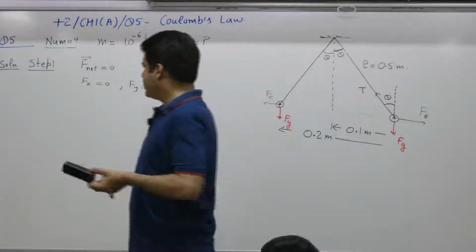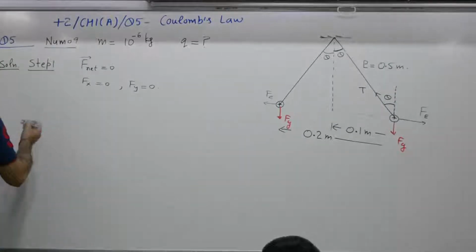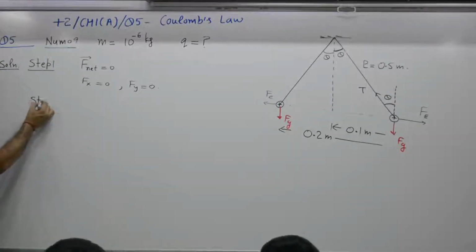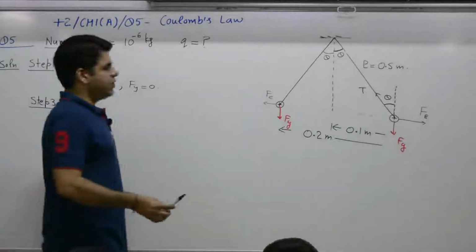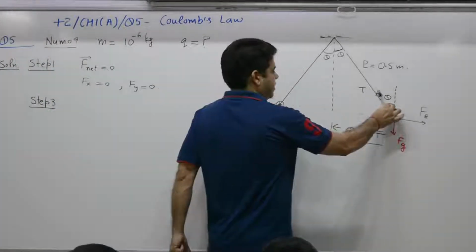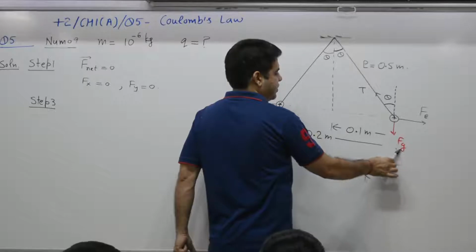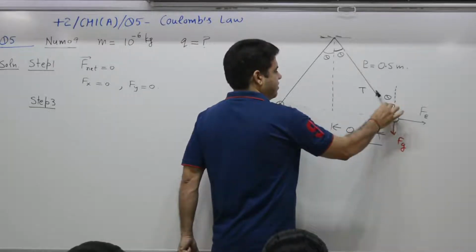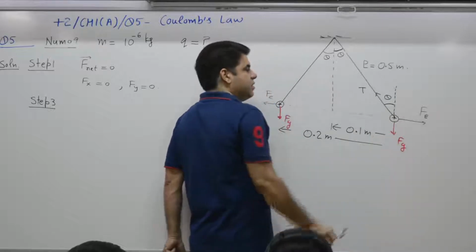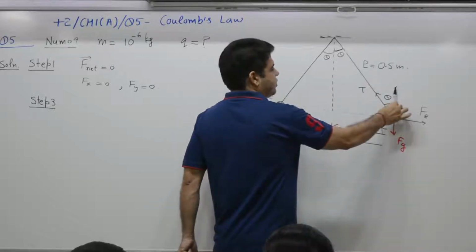Your ability to write this equation depends on your chapter 3 practice. Which component of T will balance mg or Fg? The vertical component, which is T cos theta.